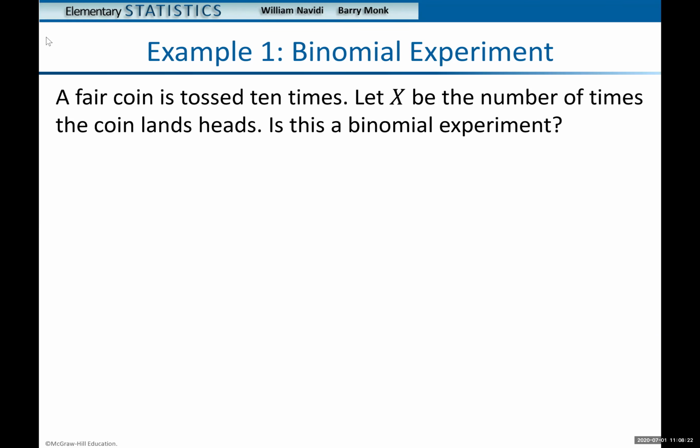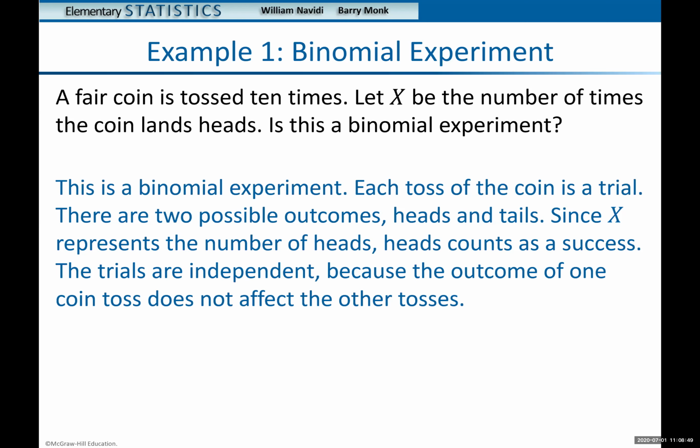Try these examples using those conditions. A fair coin is tossed 10 times. Let x be the number of times the coin lands heads. Is this a binomial experiment? Using those conditions that you copied, when you toss a coin, each toss is a trial, and there are two possible outcomes, heads or tails.